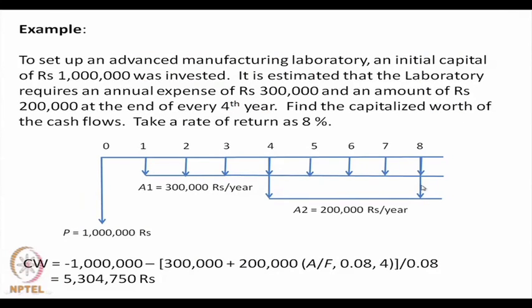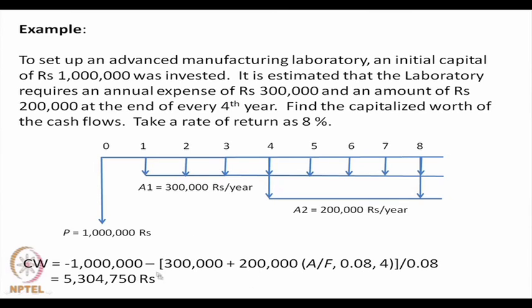Similarly, for this amount, this will also be 200,000 multiplied by (A given F, 0.08, 4). Because of this there is another annuity here, and because of this there is another annuity here, and therefore, we can actually add them. That is what we have done here. This originally was 300,000, and because of this it is 200,000 into this.